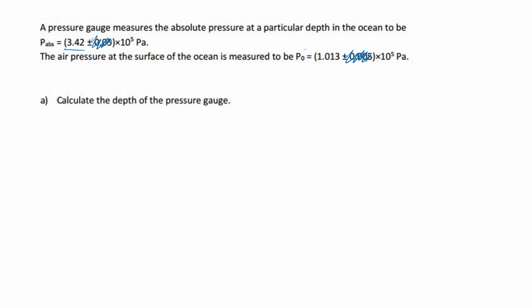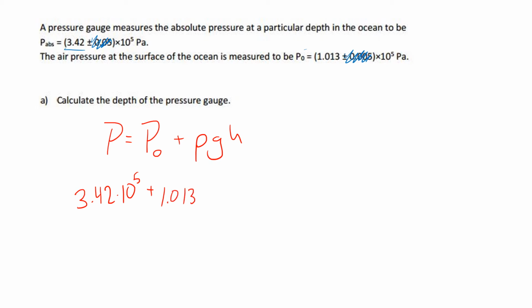So what do we have? We have P is equal to P0 plus rho GH. P, the pressure measured, is 3.42 times 10 to the 5, equals P0, which is 1.013 times 10 to the 5, plus water, 1,000.